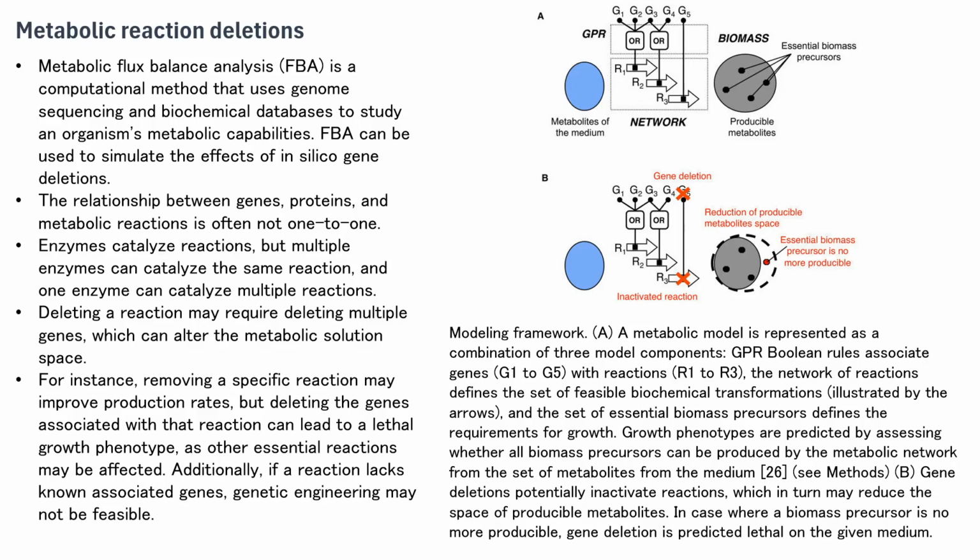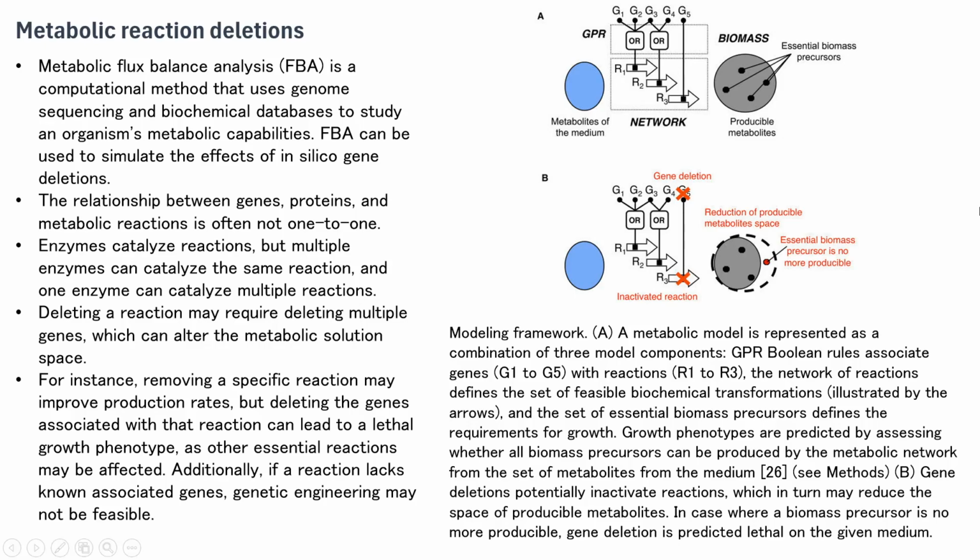Growth phenotypes are predicted by assessing whether all biomass precursors can be produced by the metabolic network from the set of metabolites in the medium. Gene deletions potentially inactivate reactions, which in turn may reduce the space of producible metabolites. In case a biomass precursor is no longer producible, the gene deletion is predicted to be lethal in the medium.